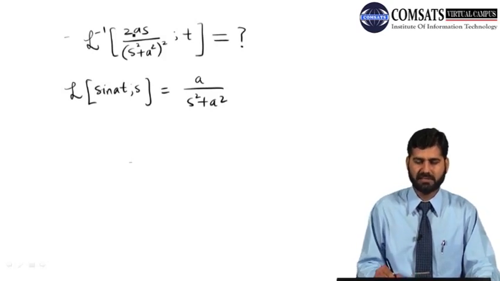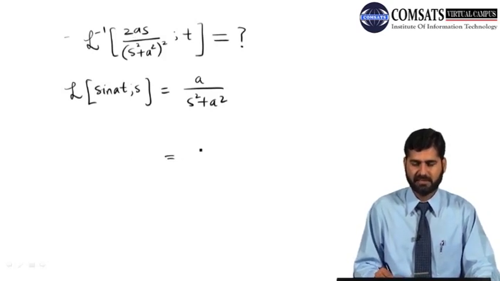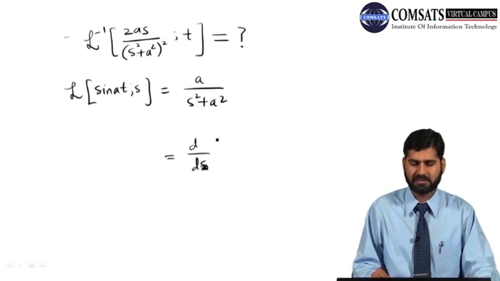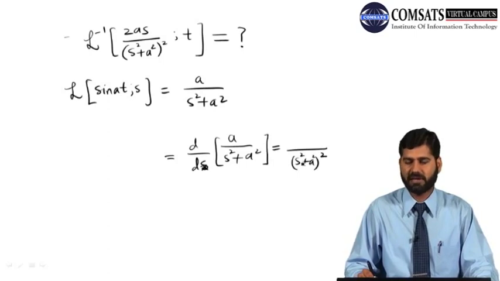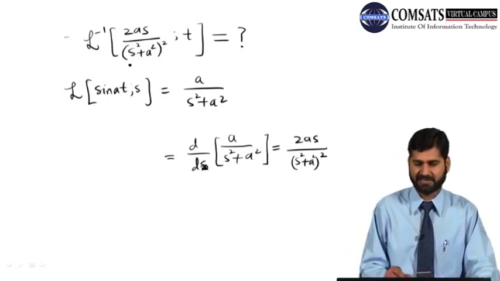But my answer is the derivative with respect to s of a over s square plus a square. And this derivative is over s square plus a square, whole square, and the derivative of s square plus a square is 2s, so this is 2as. So now we have the exact same thing.